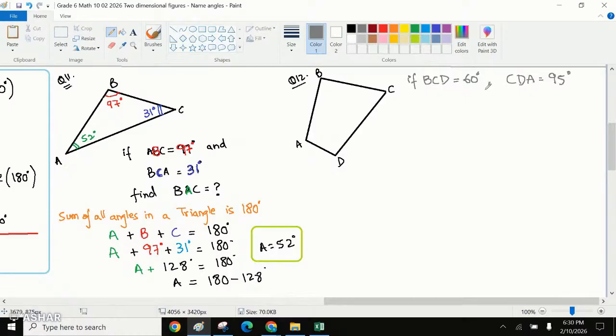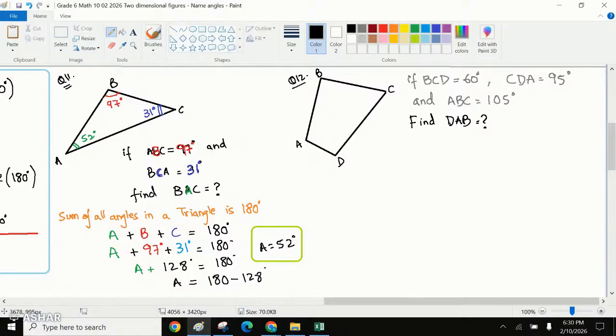And the third angle, that is ABC, is, let's suppose if I would take 95 plus 60, is 105. We need to find DAB. We need to find this angle.